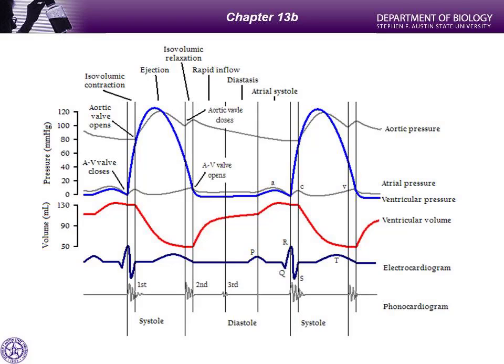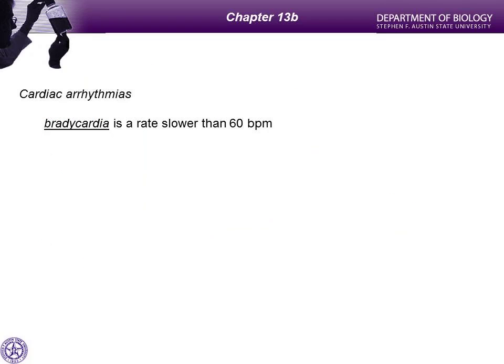Normally we have about 72, 75 beats a minute at rest, but there's a condition called bradycardia where your heart rate is slower than 60 beats per minute. Now, if someone experiences bradycardia, should they go to the doctor immediately? Why not?